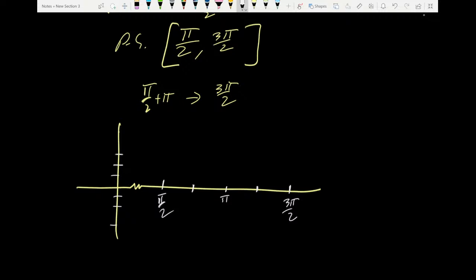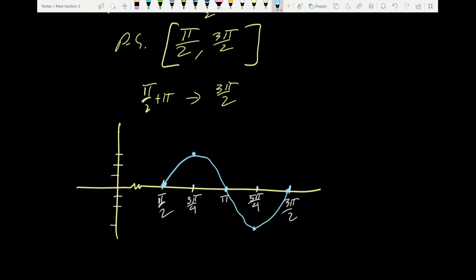Then the quarter points: pi over 4, 2 pi over 4, 3 pi over 4, 4 pi over 4, 5 pi over 4. And then you start at 0, maximum, 0, minimum, and back to 0.